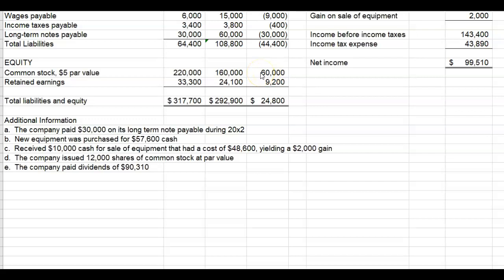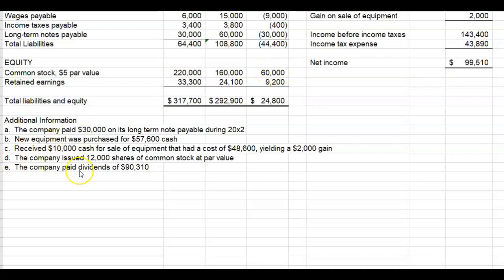Let's see if we can find out whether we received $60,000 cash for issuing common stock. It's $5 par value stock, and we issued 12,000 shares at par. So 12,000 times $5 per share, the full $60,000 was received in cash. So we have cash received from issuing common stock, $60,000.